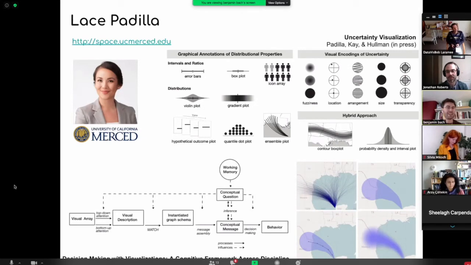We have Sheelagh Padilla on the panel as well, who's an assistant professor at UC Merced with a background in cognitive sciences and an MFA in design. She researches and studies uncertainty and right now COVID data. She's also advocating for minoritized groups in STEM and is part of the VIS Diversity Committee.